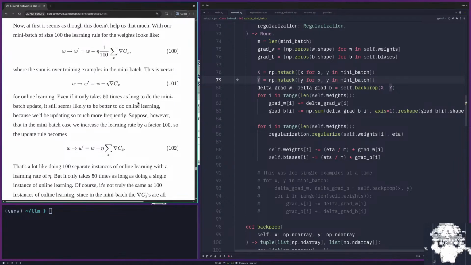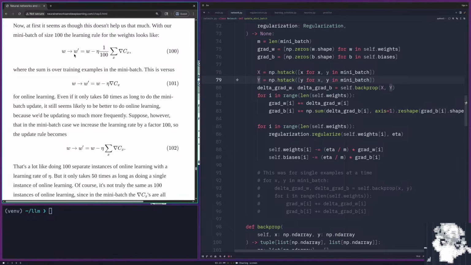With our mini batch size of 100, the update rule for the weights looks like W goes to W prime equals W minus eta over 100 times the sum of the gradients of the cost functions over the examples, where the sum is over training examples in the mini batch.